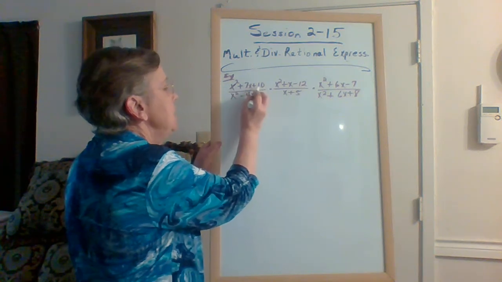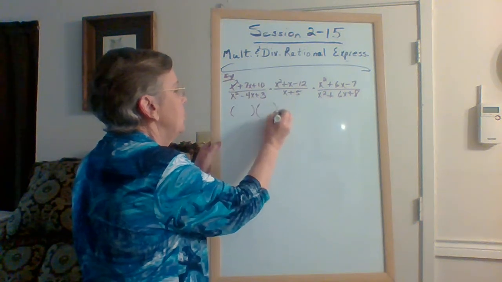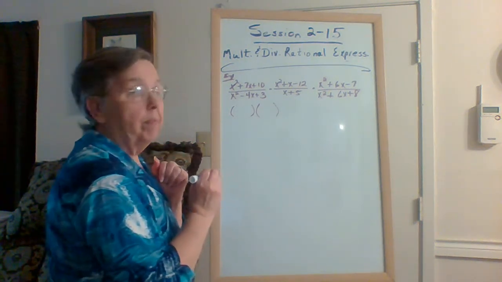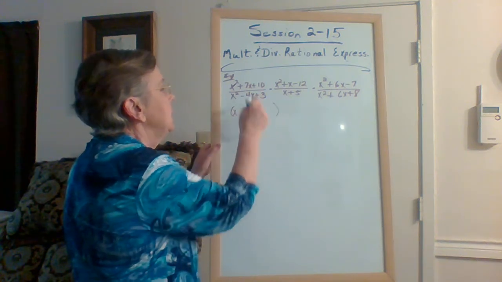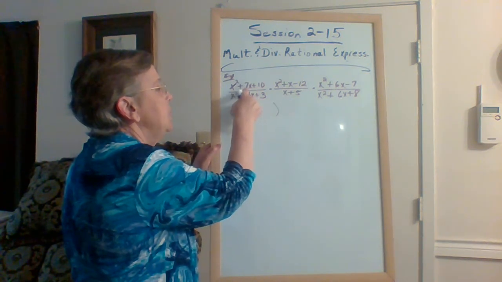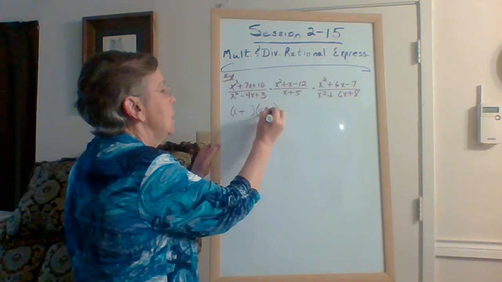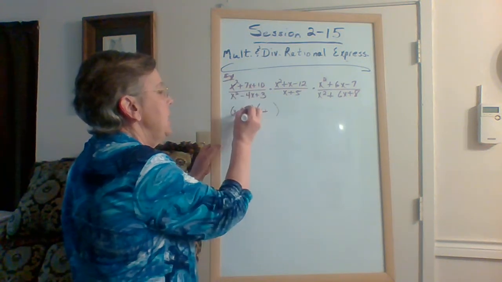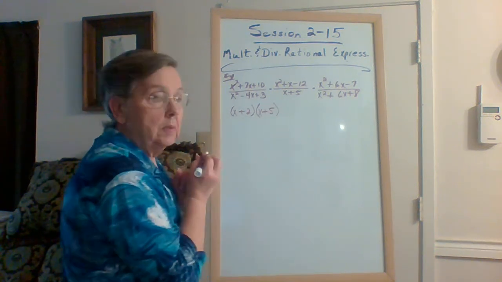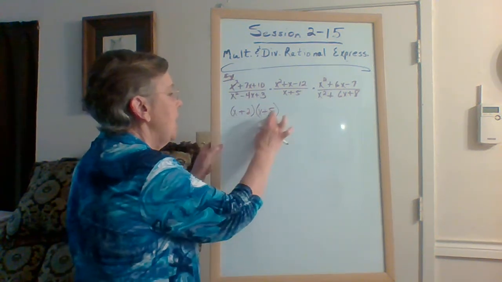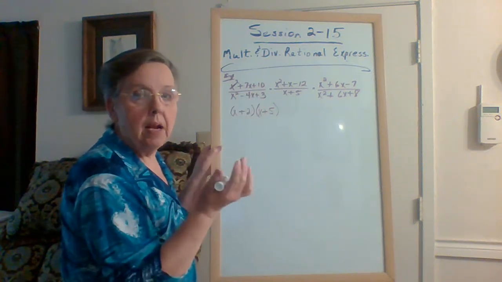Nothing in common, so it's going to be two sets of parentheses. x, x. This is a plus, that means they're both going to be plus. 10 is going to be 2 and 5. Double check: 5x plus 2x is 7x. I'm okay there.